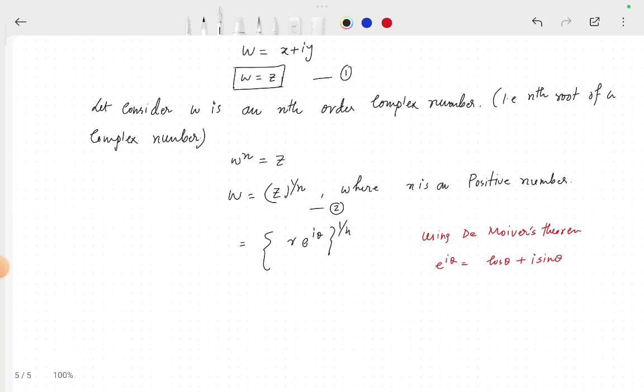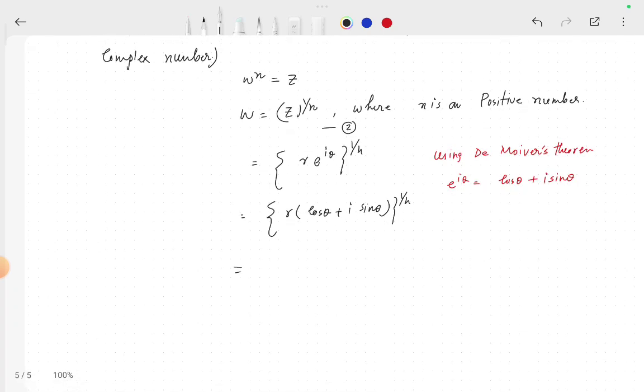Let's substitute this value: z equals r times cos theta plus i sin theta, whole to the power 1 by n. So that is equal to r to the power 1 by n, which is very simple, times cos theta plus i sin theta, whole to the power 1 by n.